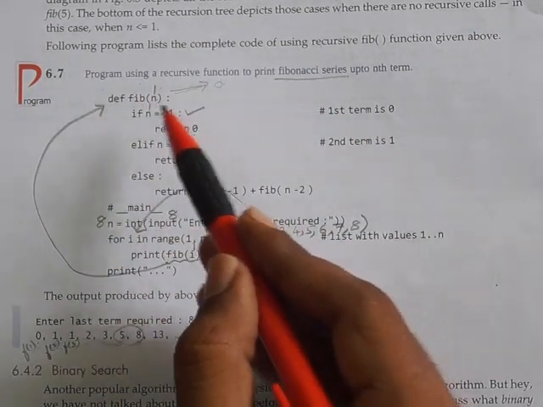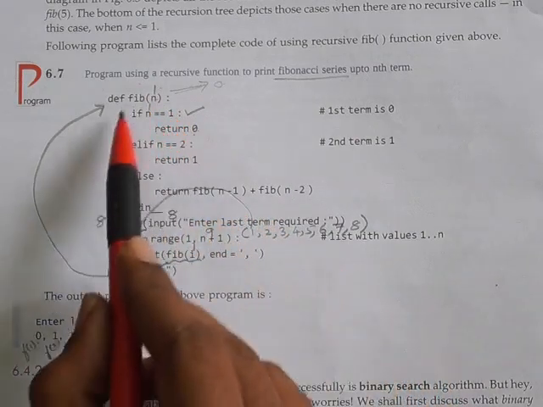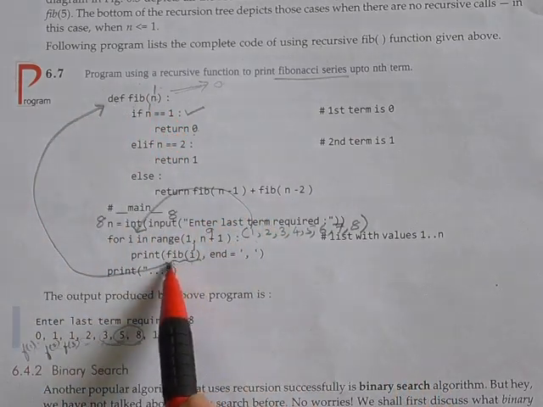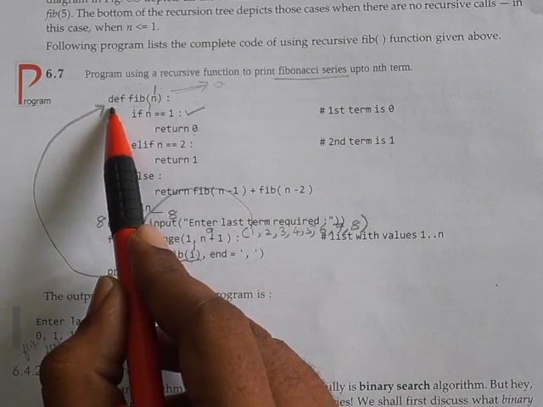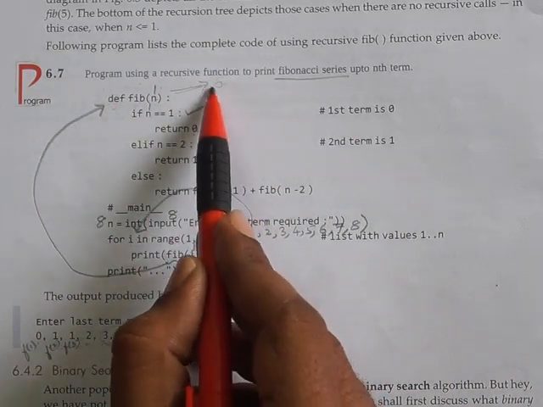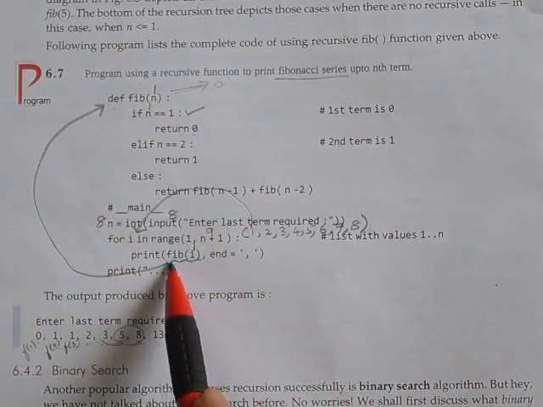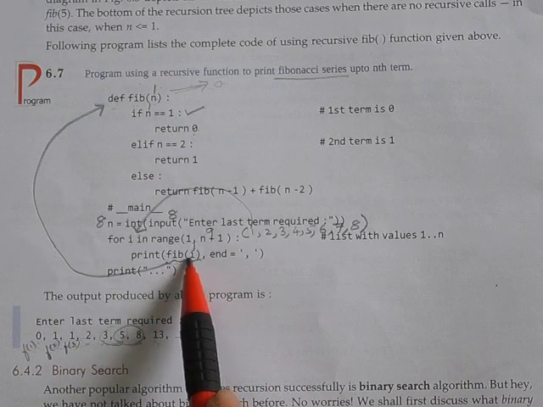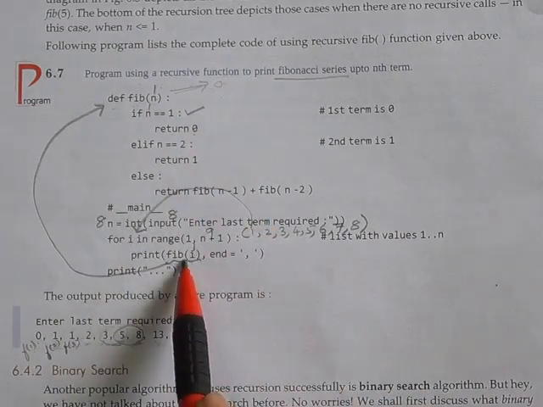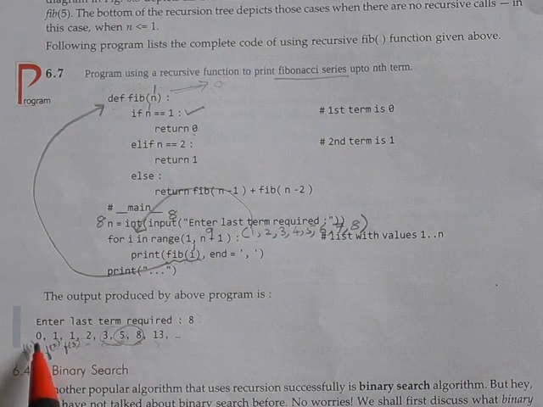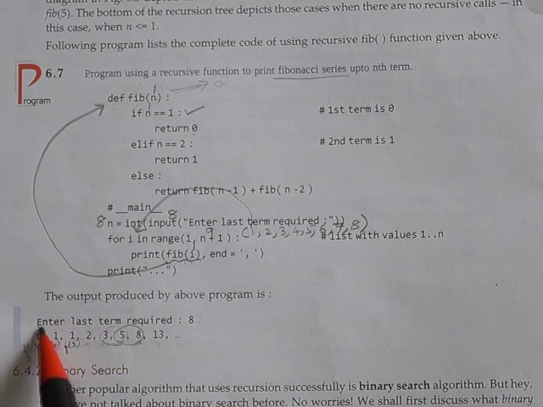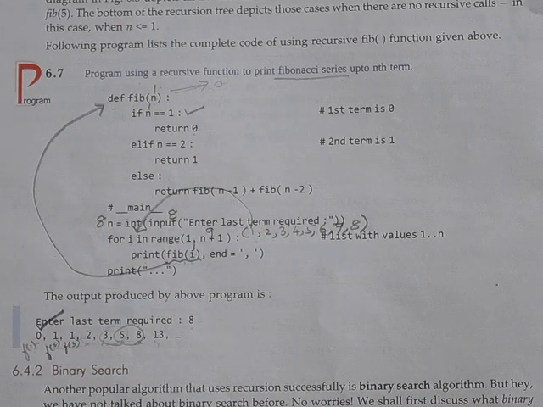So from where it came, it will go back to the same place. Fib 1, the answer is 0. So it will print 0. Got it? So this 0 was printed.